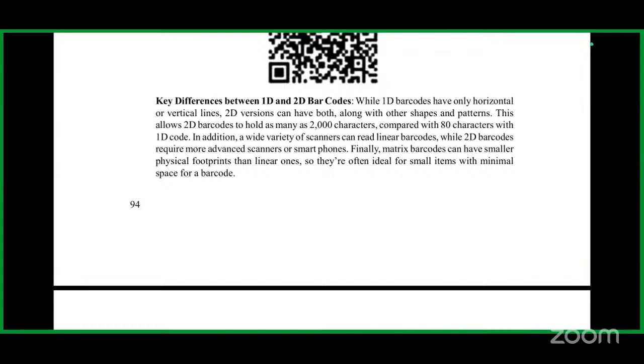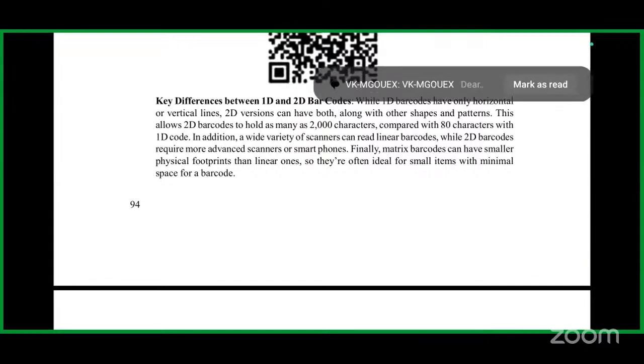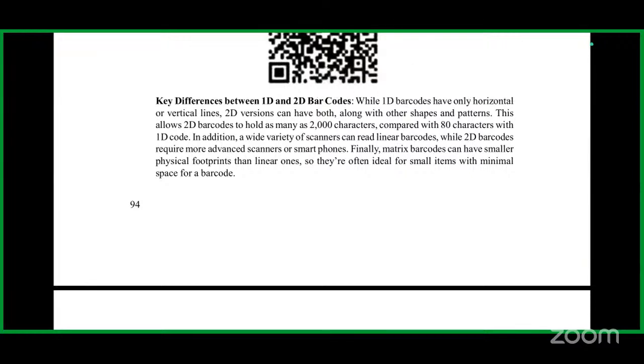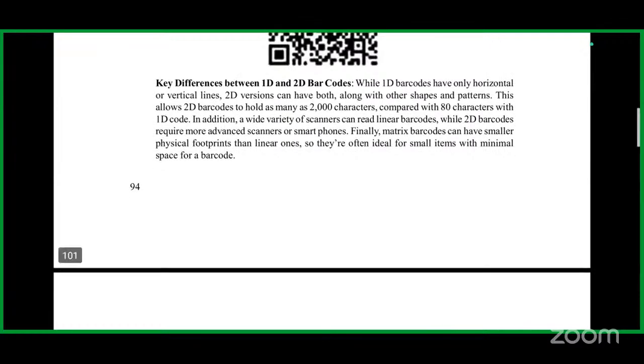And 2D barcodes hold up to 2000 characters compared with 80 characters, which means 1D can store only 80 characters.